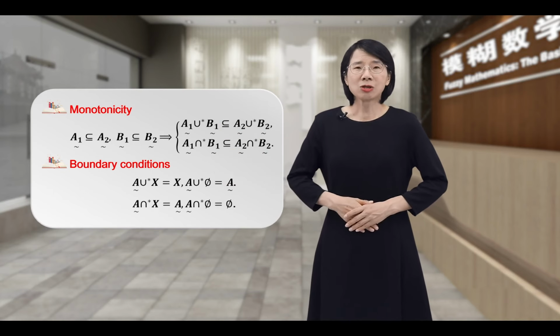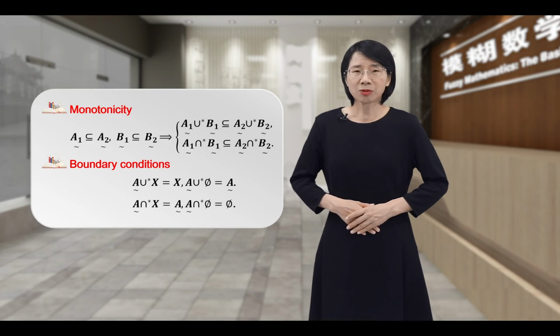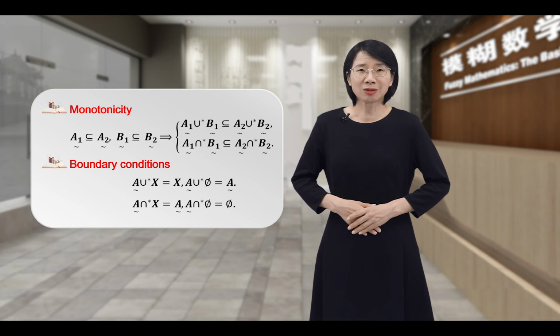We found that the generalized union and the generalized intersection should satisfy the commutative laws, the associative laws, monotonicity, and boundary conditions. What does that mean? Let's use the commutative laws as an example.